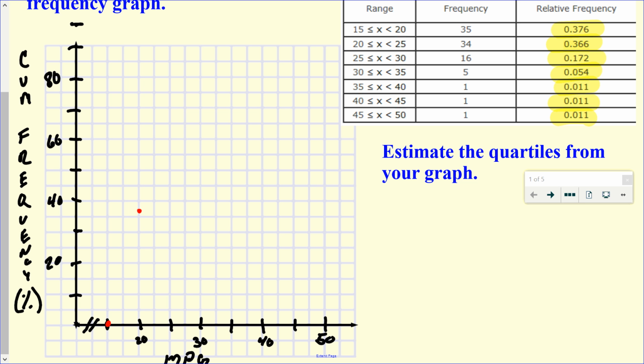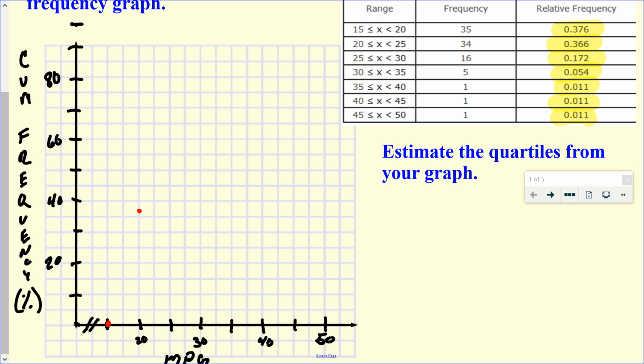Now we're going to add 36% onto that 37%. So if we go ahead and make this cumulative, so we've got the 0.376 plus the 0.366.